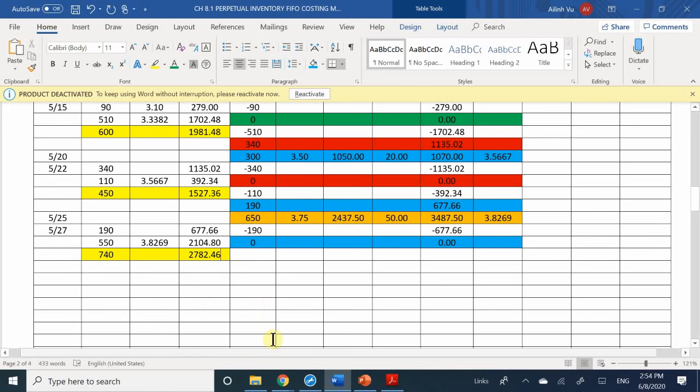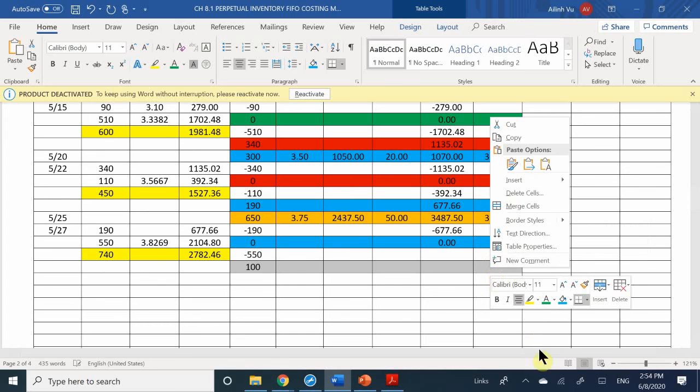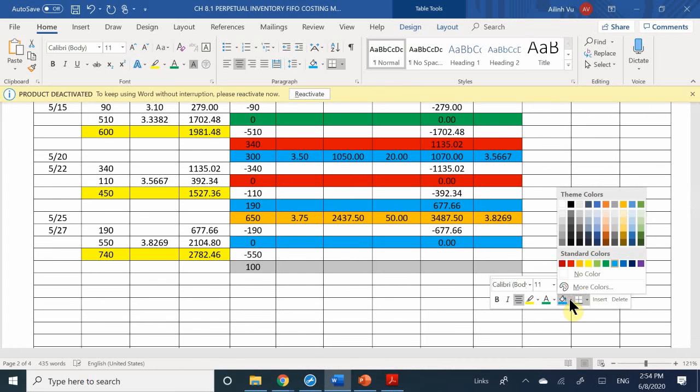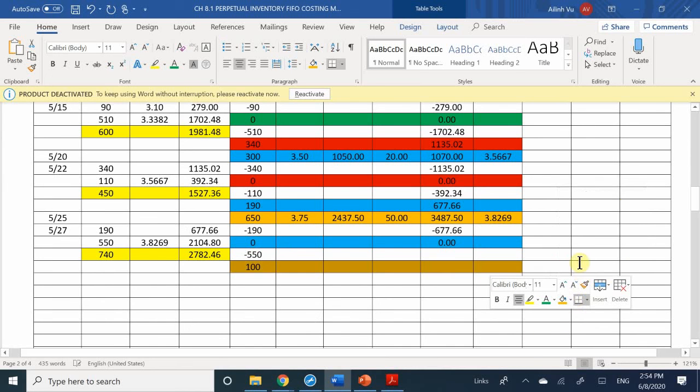Okay, and then let's go straight across. So now we're going to subtract the 550, leaving us a remainder of 100. And we're going to indicate that this 100 is going to be our orange batch. Okay, boom, orange.